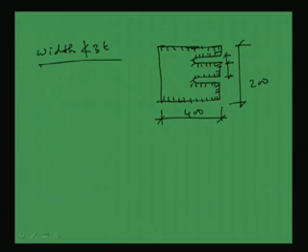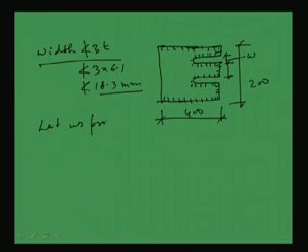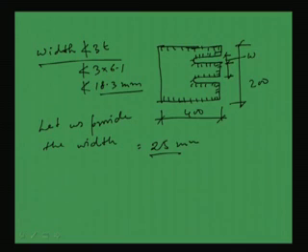So the width of the slot, say w, should not be less than 3 into t, meaning 3 into 6.1, so it should not be less than 18.3 mm. This is one restriction that has been given. So let us provide the width of slot as, say, 25 mm, which is greater than 18.3.